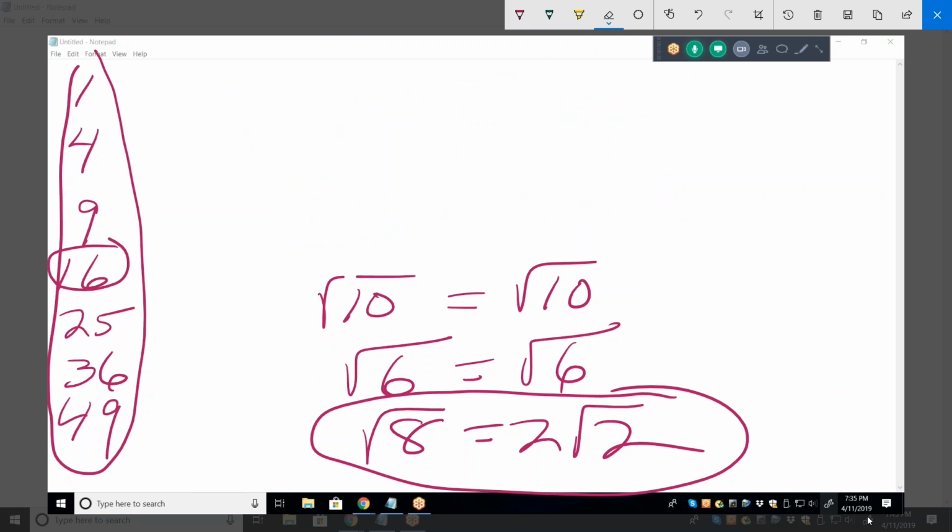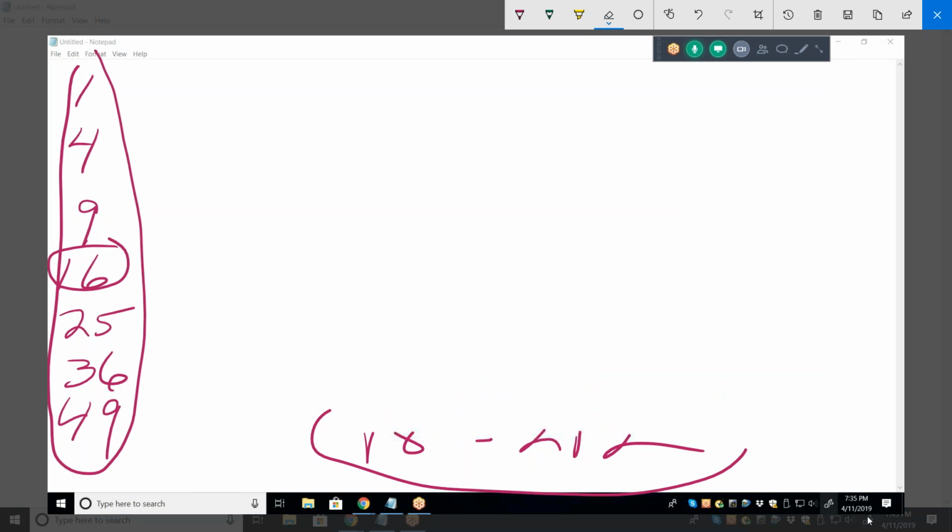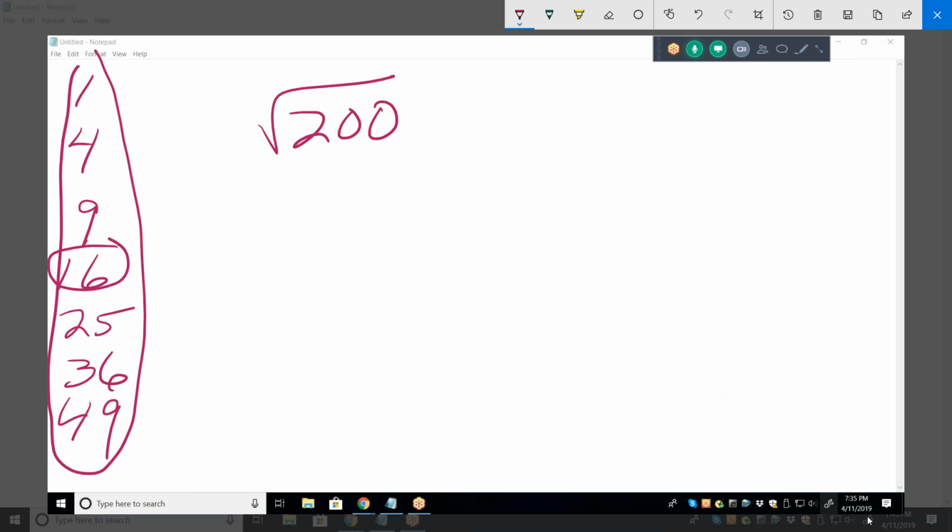In other words, the secret is not only to factor the number and find one of those factors be a perfect square, but the maximum one is helpful. Now, let me complete my list. That's 7 squared. That's 8 squared. That's 9 squared. That's 10 squared. That's usually all you have to deal with.